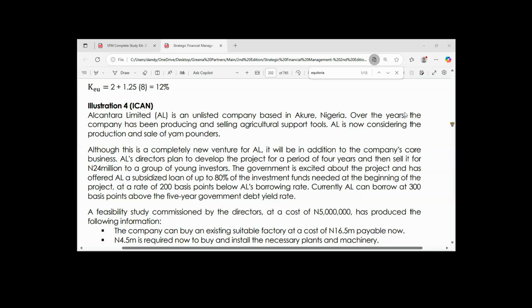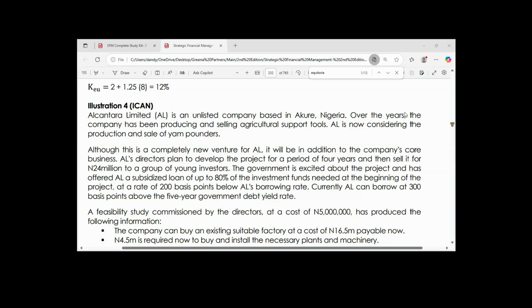Then the interest expense on normal borrowing. So how do you determine that? Simply multiply the normal borrowing rate by the amount attributable to normal borrowing. The amount attributable to normal borrowing is the gross finance required multiplied by the proportion of normal borrowing. So you now add up all the interest expense together to get the total interest.